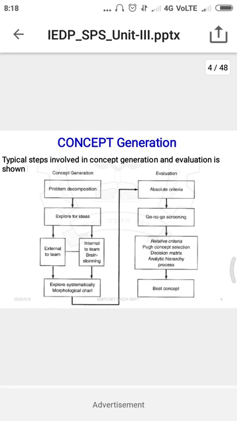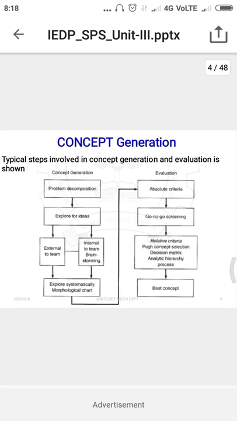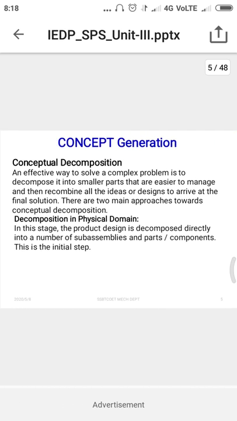This is the absolute criteria, go/no-go screening, then a relative criteria, that is Pugh concept selection, then decision matrix, then analytic hierarchy process, then the best concept.